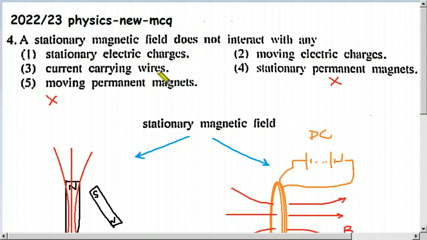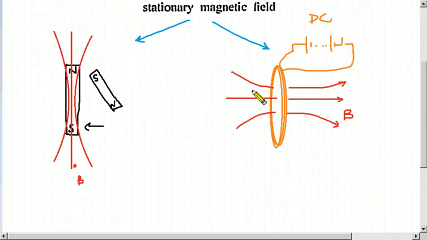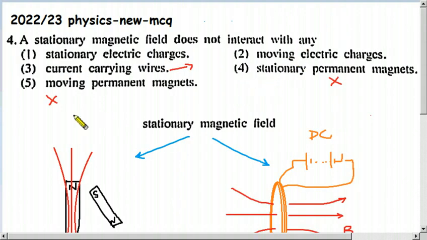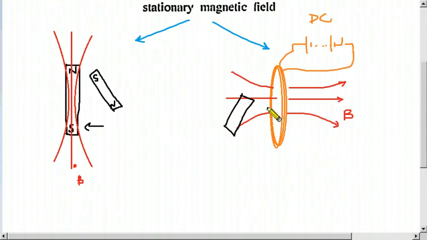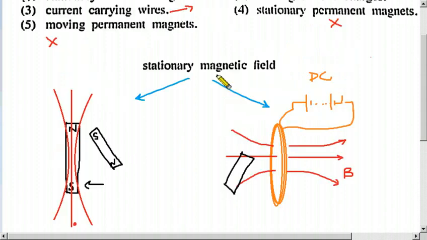Then current carrying wire. Let us discuss this one now. The same thing happens, as with the fourth and fifth ones. If we place a permanent magnet here, the same thing happens, because this one is a permanent stationary field, since we have supplied DC current.